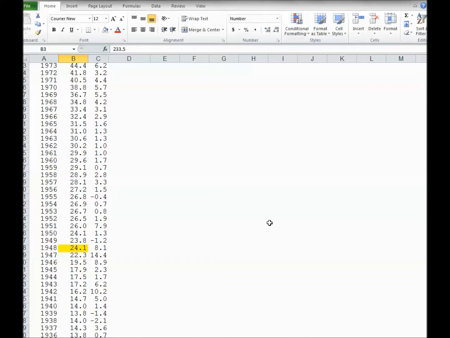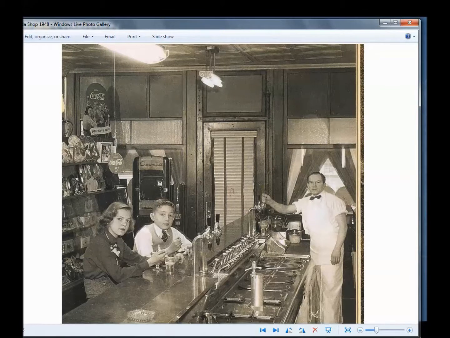Now that seems really cheap, because I think Cokes are at least $1, maybe even $2 some places now. So we could interpret this to mean that the price of Coca-Cola has risen faster than the inflation rate since 1948, but be very careful with your interpretation, because remember, in 1948 Coca-Cola probably came in a bottle, and it would be only 6 ounces.